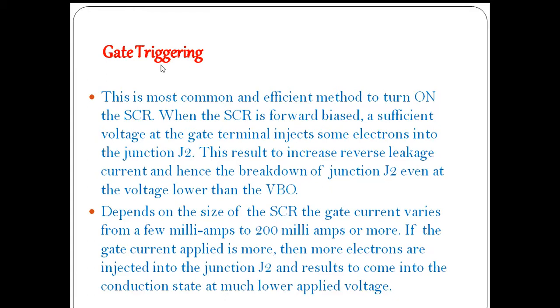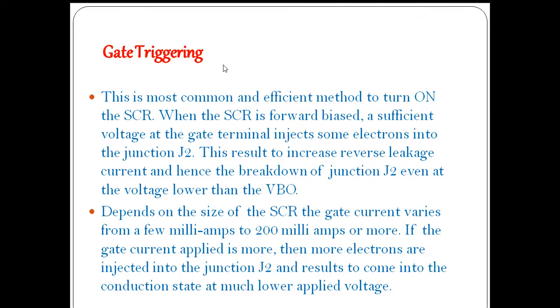Next, gate triggering. So this is the most common and efficient method which is used to turn on the SCR. So in this, whenever the SCR is forward biased, a sufficient voltage at gate terminal injects some electrons into junction J2. Means we are applying gate to cathode voltage.